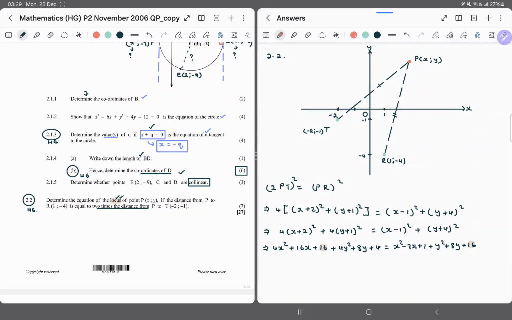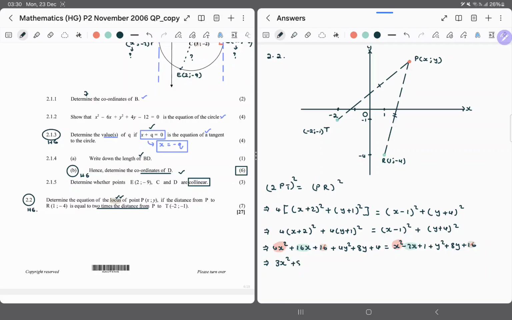16 and 16 will do us the honors and go because they're the same sign when we transpose things. And then we are going to handle 4x squared and x squared here. So 4x squared minus x squared is going to be 3x squared. Okay, then we've got 16x plus 2x.